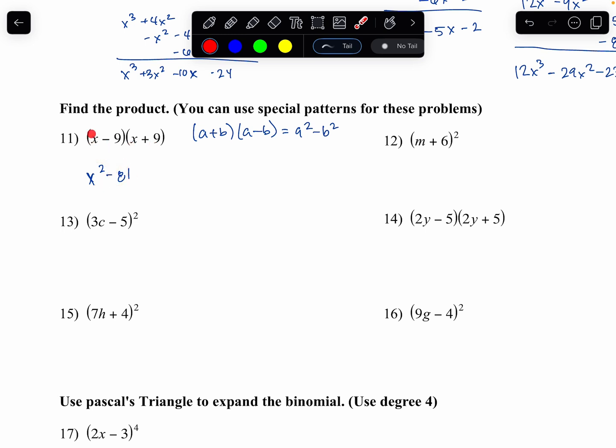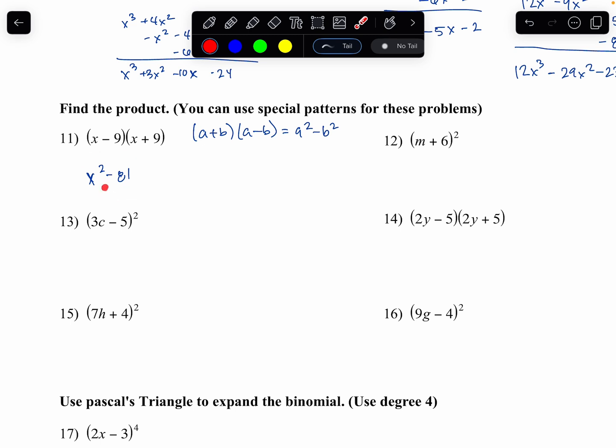Now you might be asking, what's happening to the middle? So if I FOIL, I have to multiply those together. But whenever you have this binomial with just different signs in the middle, if I multiply these together, that's positive 9x, but when I multiply these together, that's negative 9x, and so those, whenever I combine like terms, are going to cancel, which is why I just have x squared minus 81.